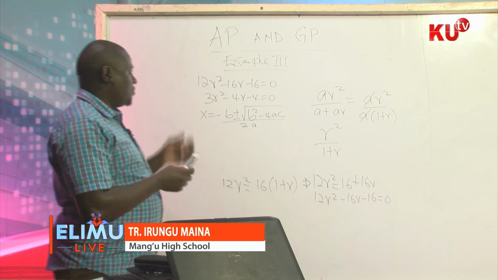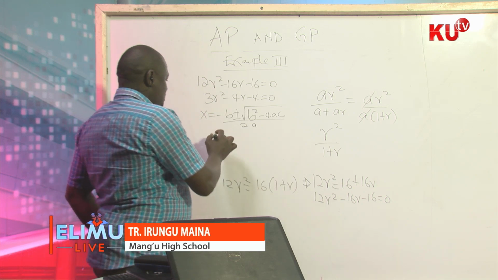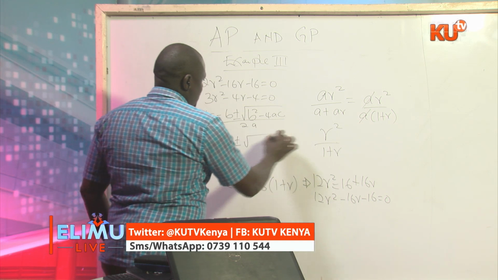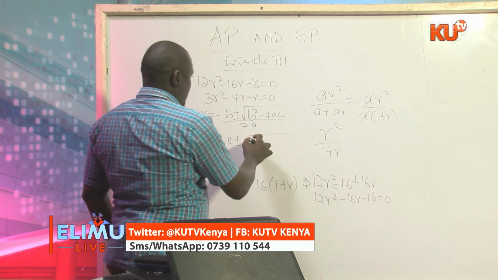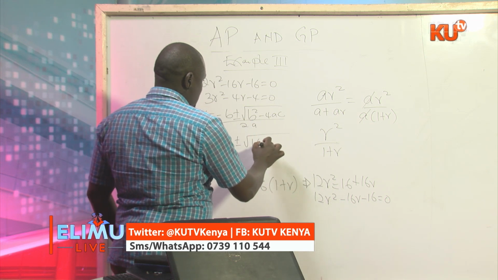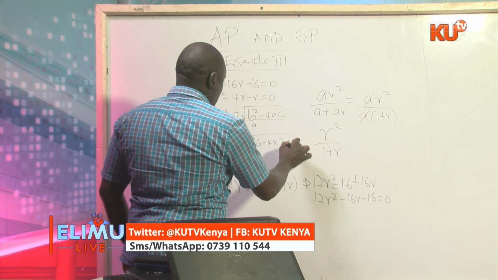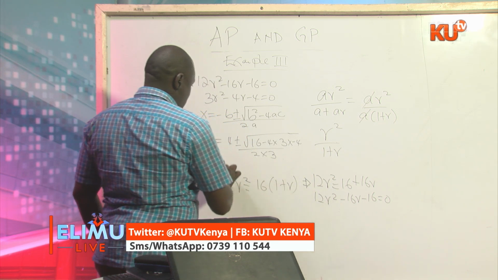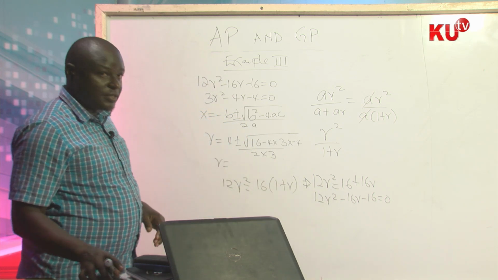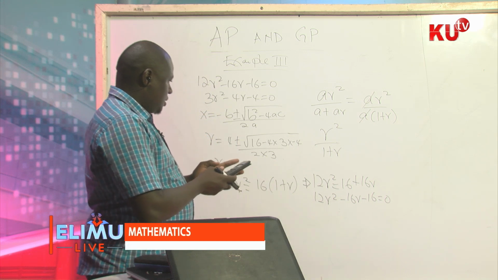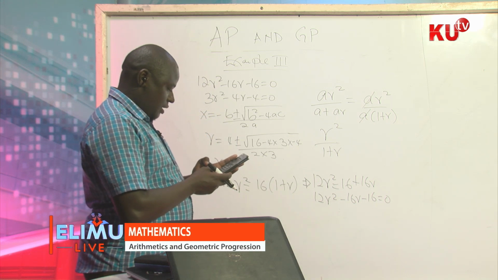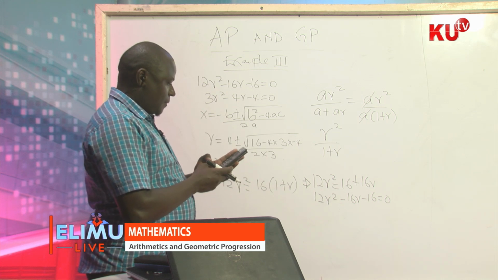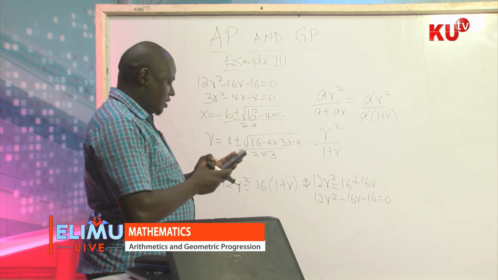If you work out the value, R shall be 4 plus or minus square root of b squared, that is 16, minus 4 times 3 times negative 4, divided by 2 times 3. So we have 16 minus 4 times 3 times negative 4, which gives 64, square root, answer is 8.